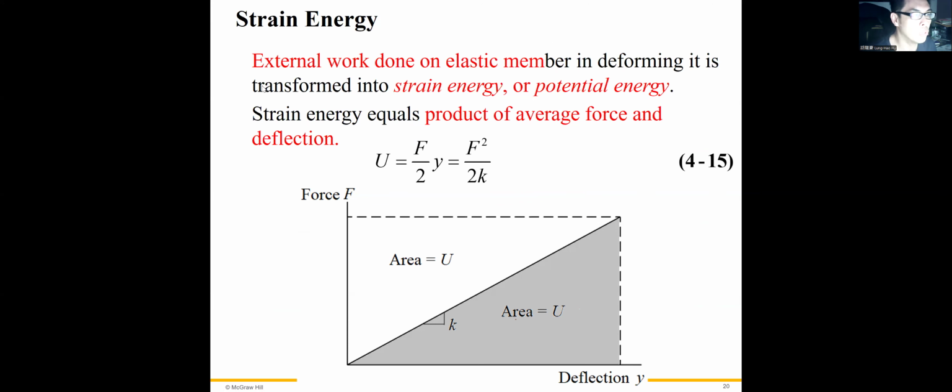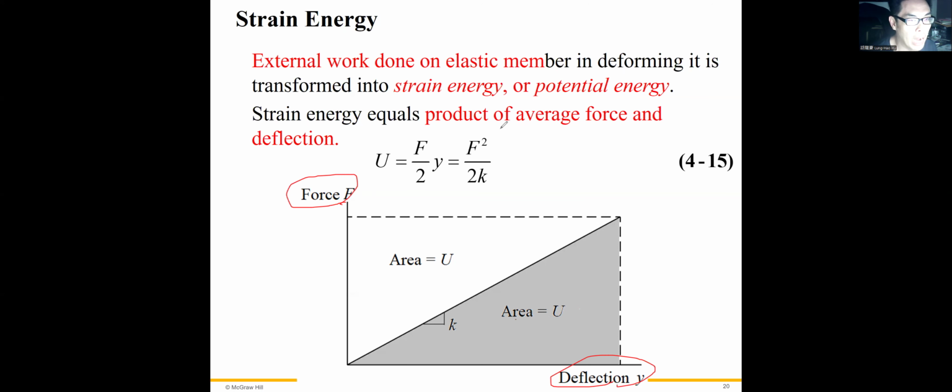So for the external work done on an elastic member, remember, an elastic member in deforming is transformed into strain energy or potential energy. Its strain energy equals the product of average force and deflection. In this case, the force versus the deflection is linear, right?